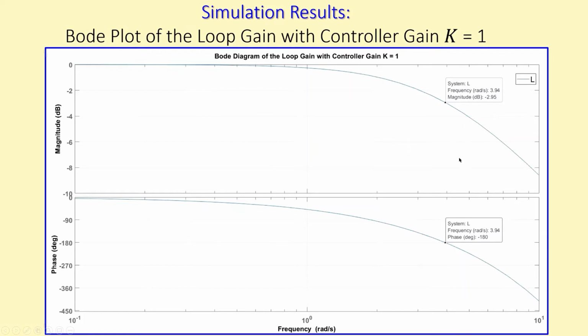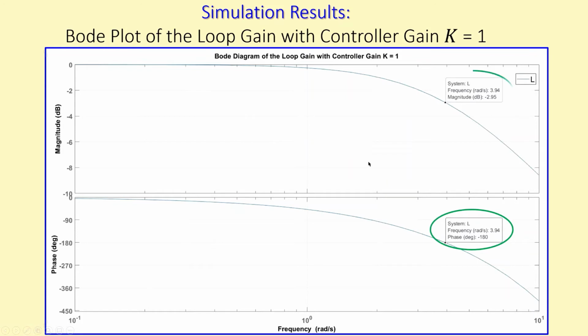So in order to have an unstable system or at the edge of the stability, I must have at minus 180 degrees a magnitude of 0 dB. So if I stay away from the 0 dB, which is at this part, I have a headroom of this much gain. So that means the following.